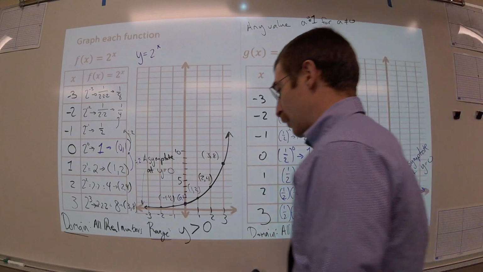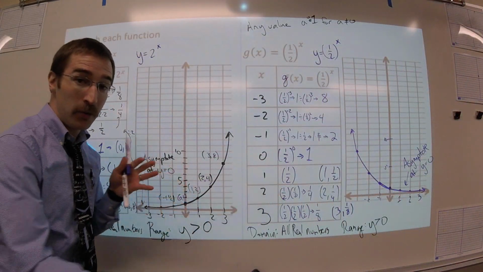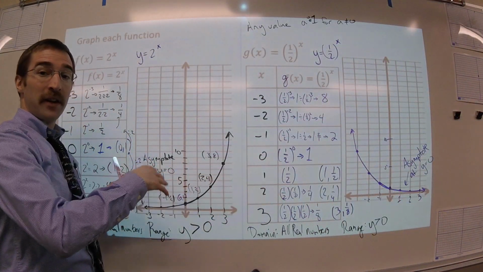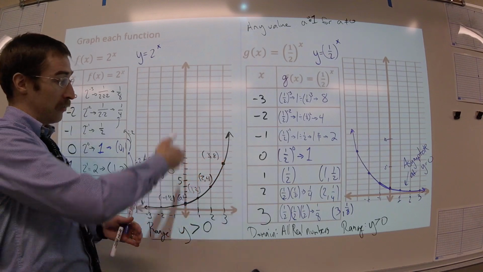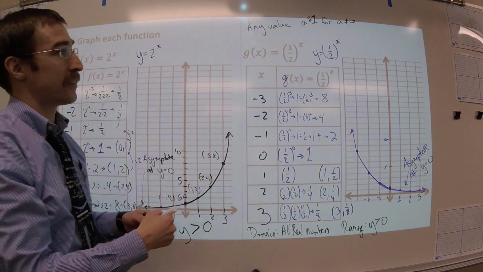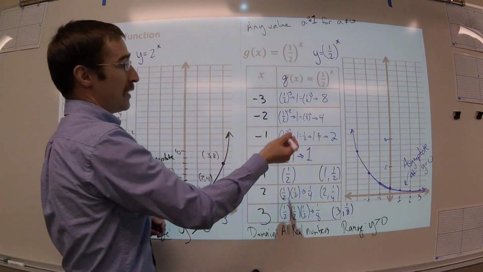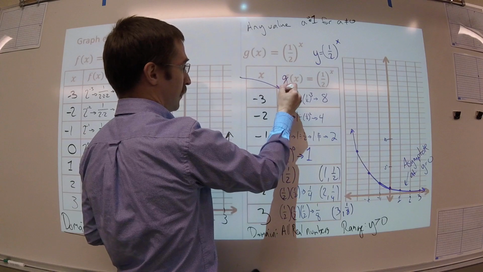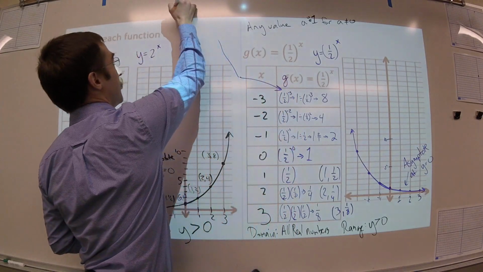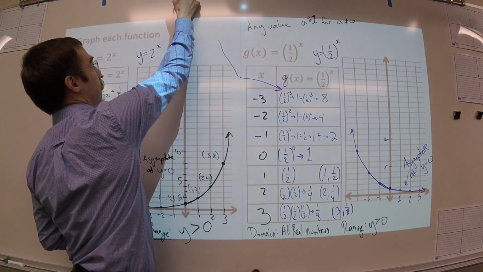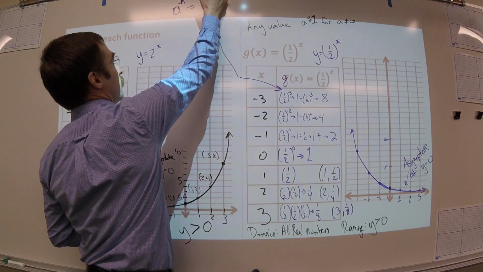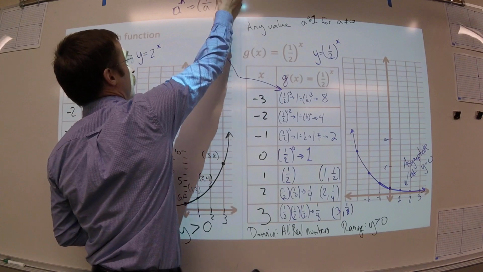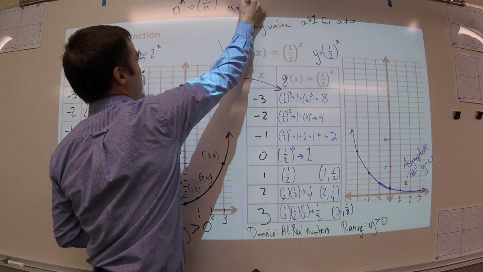So what's kind of cool here, maybe you noticed this, these graphs are very, very similar, right? They're just reflections of each other, reflections over the y-axis. And based on the fact that the negative exponent, if I have a to the negative n, that's the same as 1 over a to the n, once again, when a is not equal to 0.